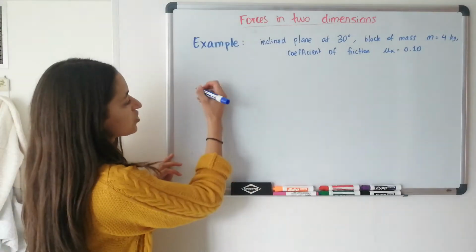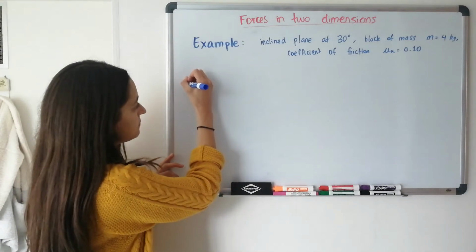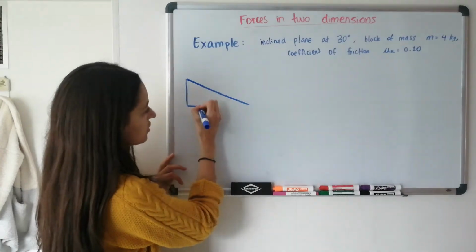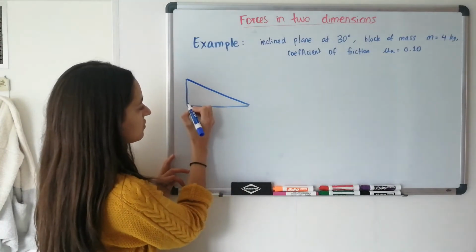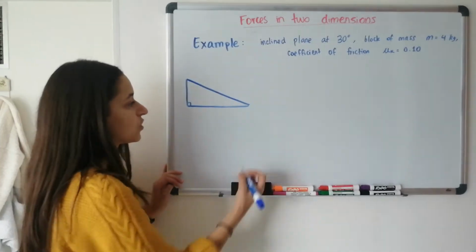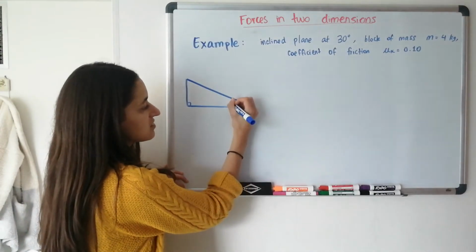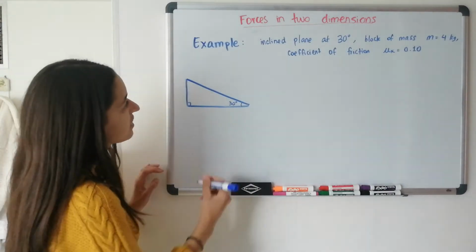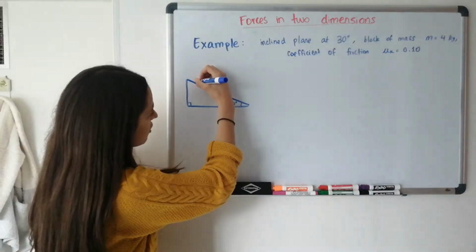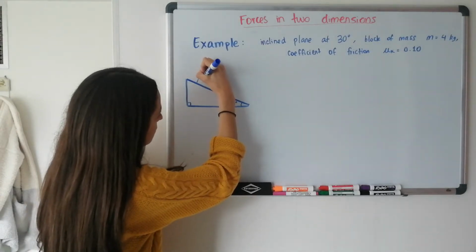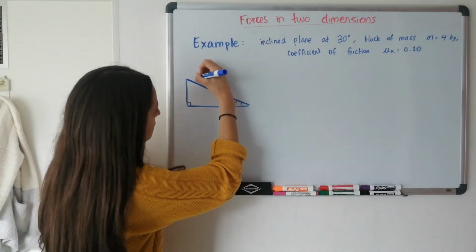What we do is we draw our inclined plane at an angle of 30 degrees. So we know that inclined planes and ramps are always right triangles, and the 30 degree is here. So that's what the problem means. And we draw our little block somewhere in the middle of the incline, wherever you want.